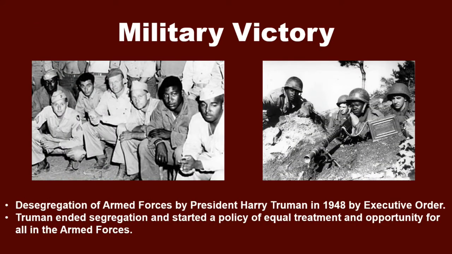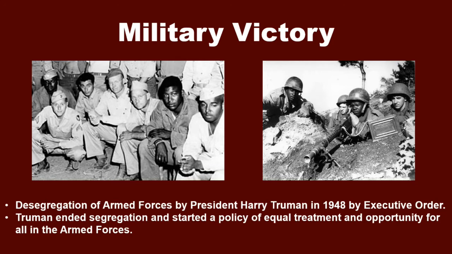It won't be until 1948 that the African American community gets a massive victory in their fight for civil rights and equality. So in 1948, following World War II, President Harry Truman is going to end segregation of the armed forces. This means the military will be desegregated, and it does not matter your race.